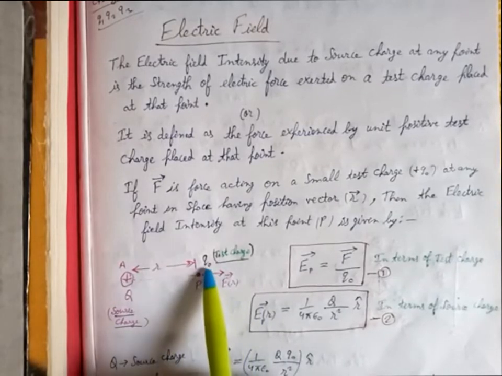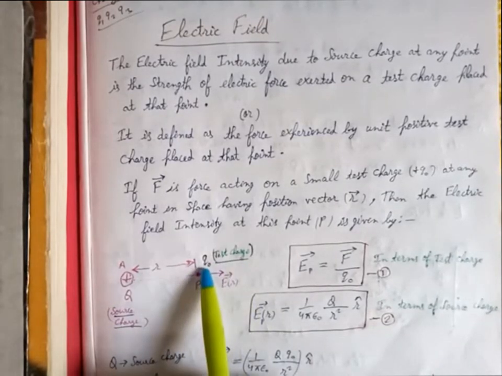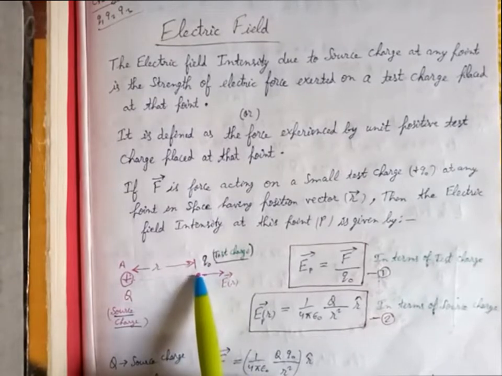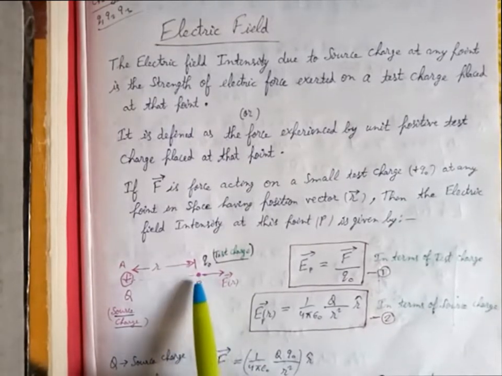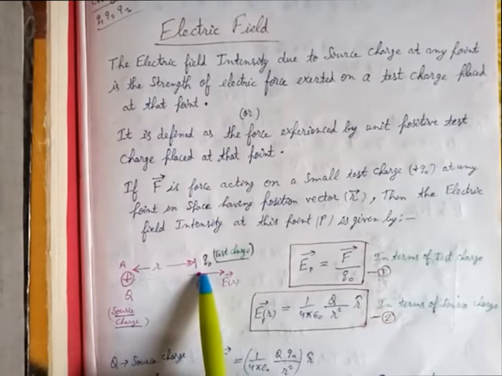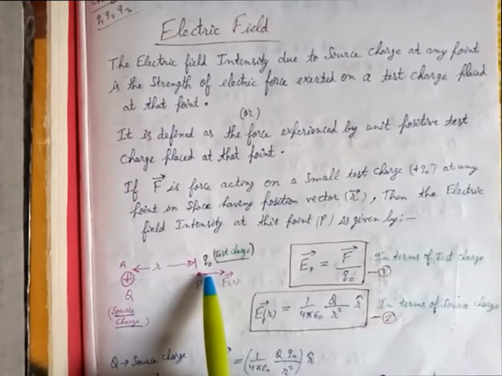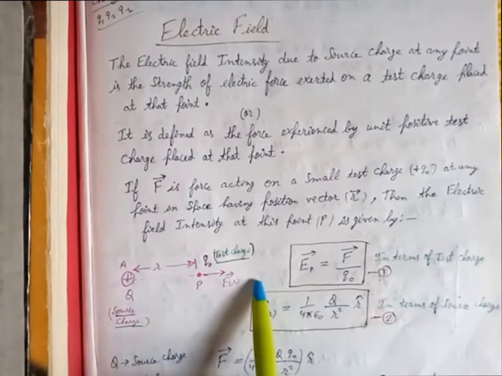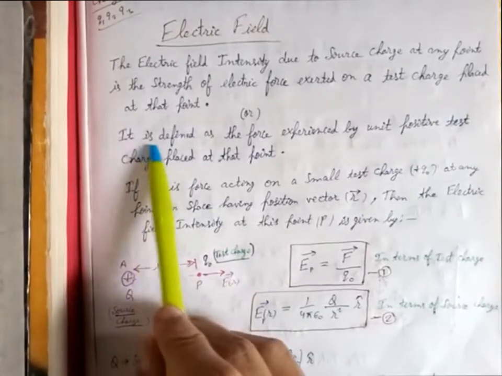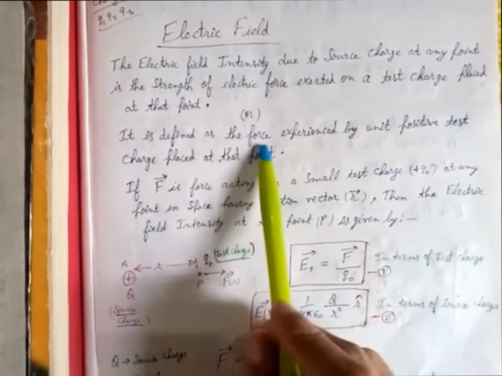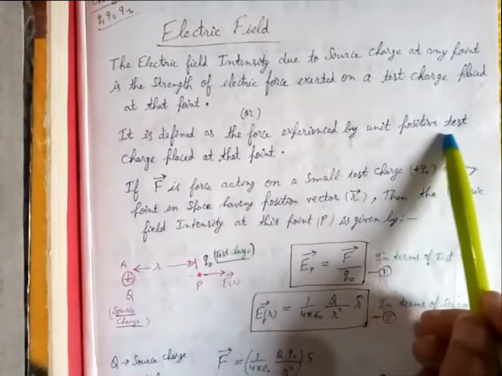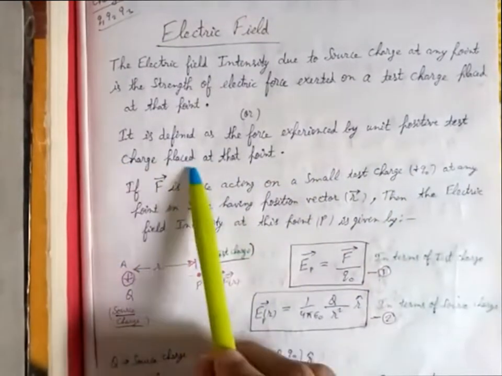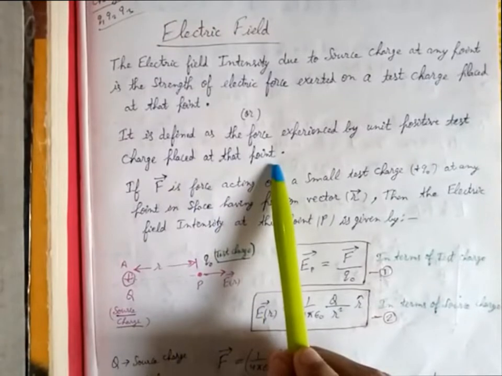And if we put a very small test charge on this point, it will exert an electrostatic force in the direction of the electric field. So the electric field can be defined as the force experienced by a unit positive test charge placed at that point.